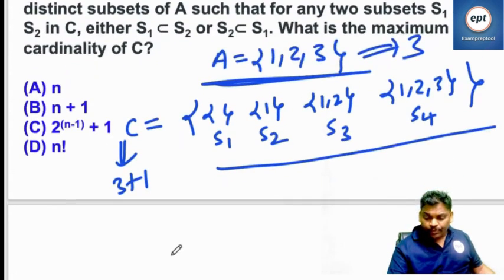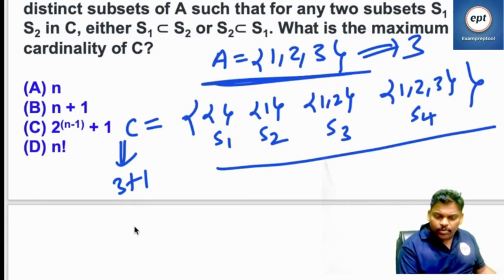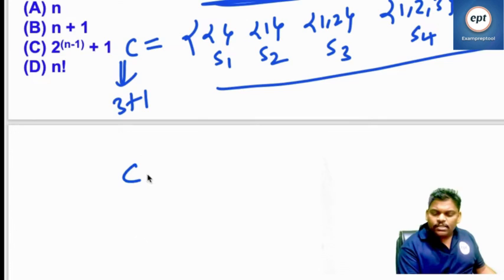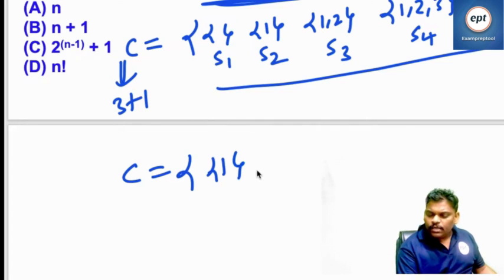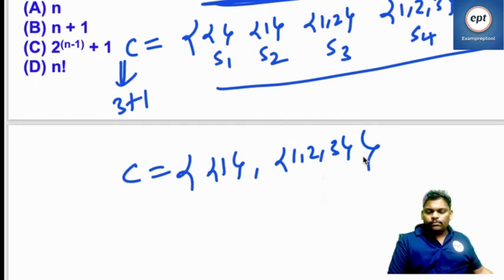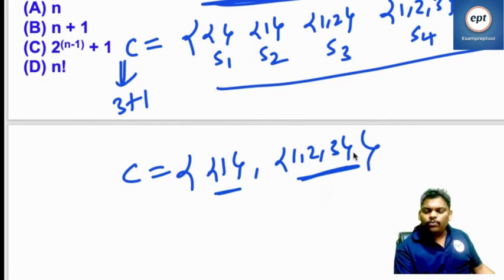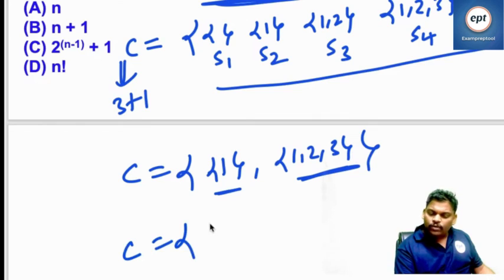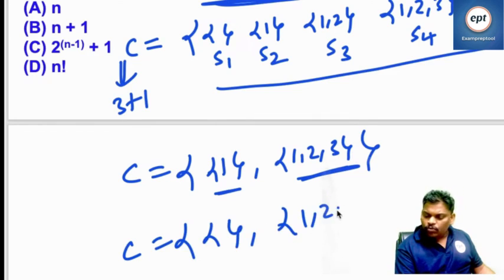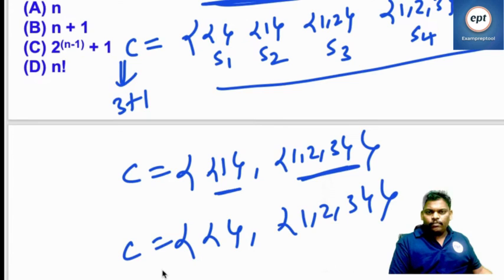Some people may say, sir, why don't you write C as {1} and {1, 2, 3}? If I write like this, I will get only 2.